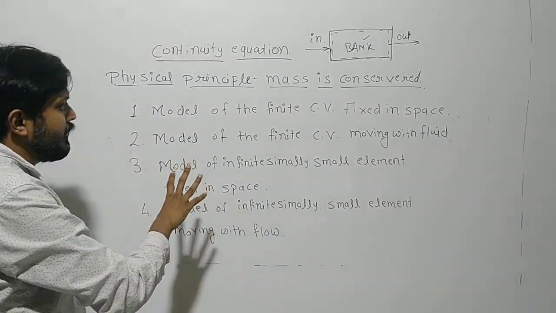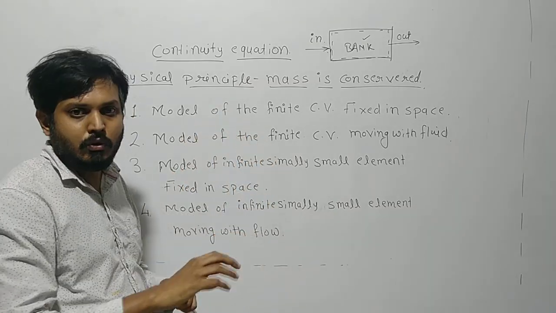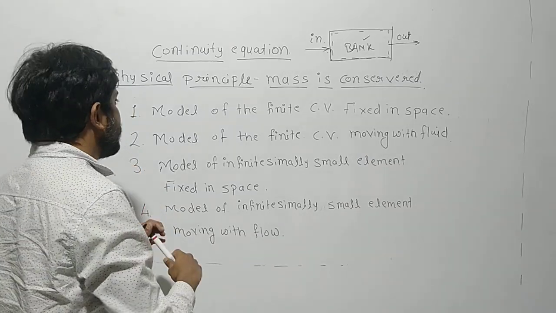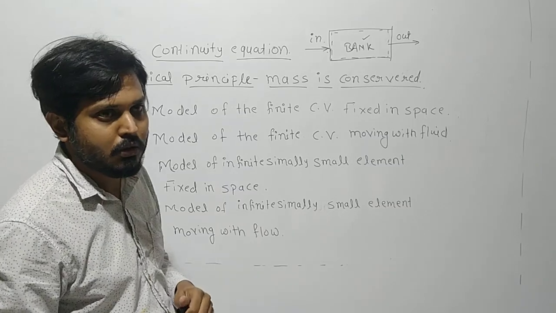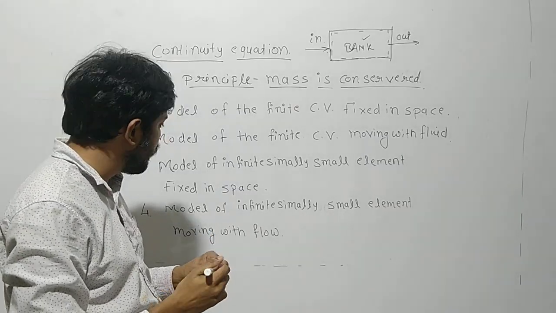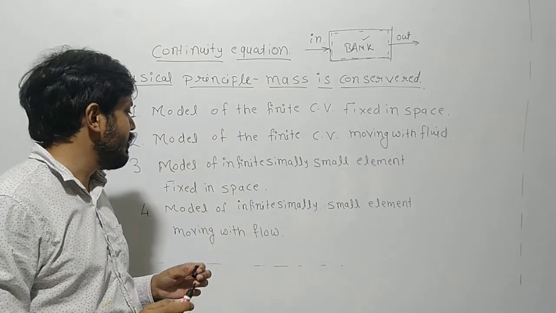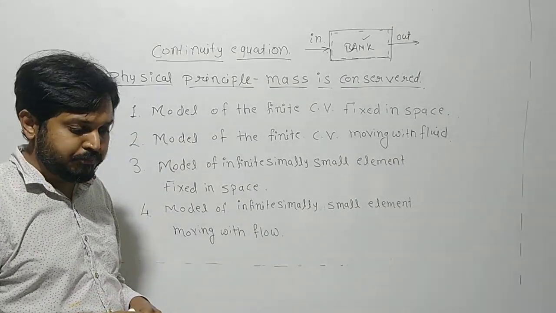Now, for our simplicity, if we have to arrange this fluid flow, there are four models. The model of the finite control volume fixed in space, the model of the finite control volume moving with the flow, then the model of an infinitesimally small element fixed in space, and the model of an infinitesimally small element moving with the flow.